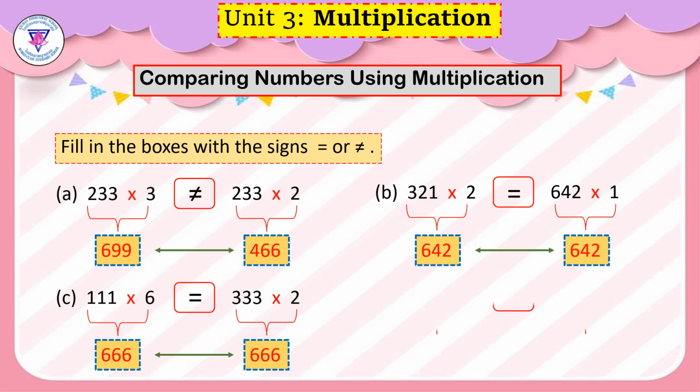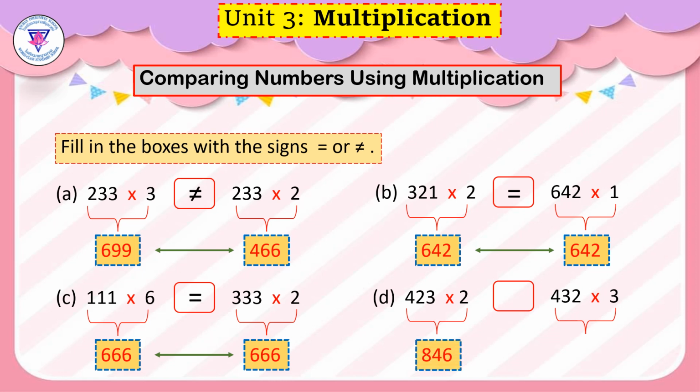Let's proceed to the last example, which is letter D. The numbers are 423 multiplied by 2 and then 432 multiplied by 3. So the first number is equal to 846.